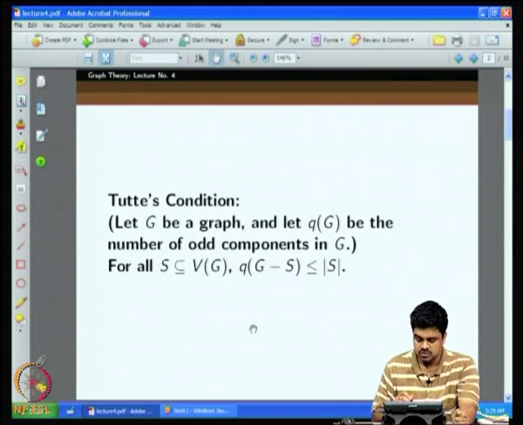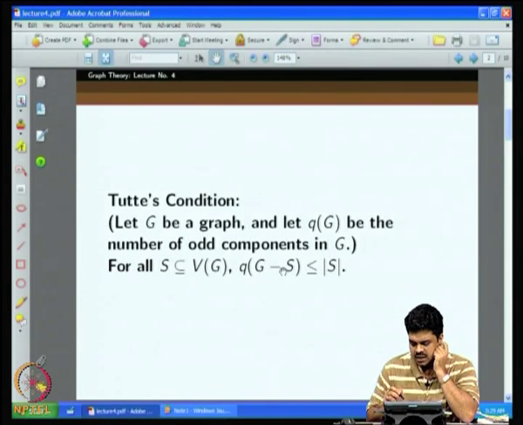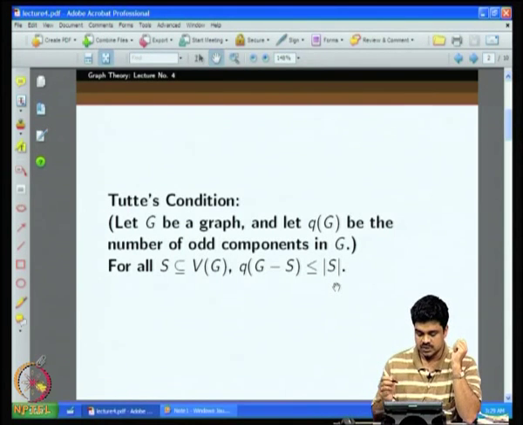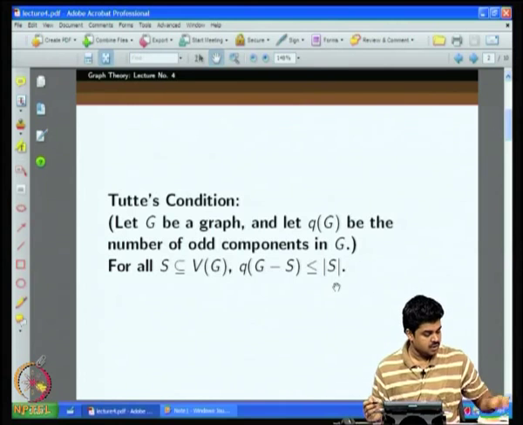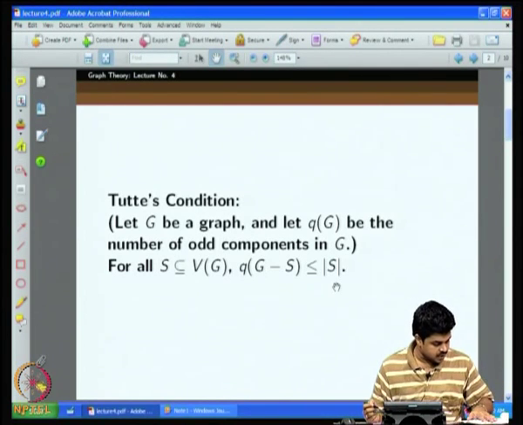So, essentially you get the induced subgraph on V minus S. For Tutte's condition to be true, we need the number of odd components to be less than or equal to the cardinality of the set S we removed. So, we can consider an example here.